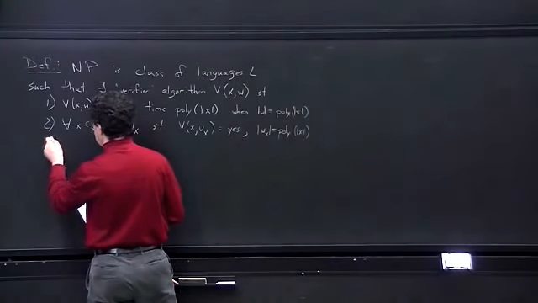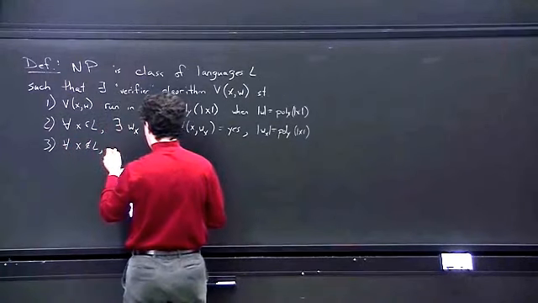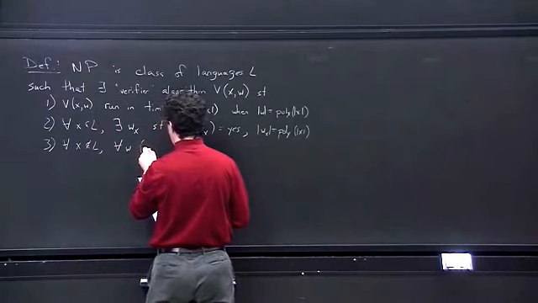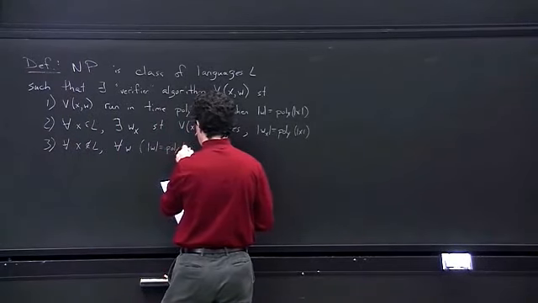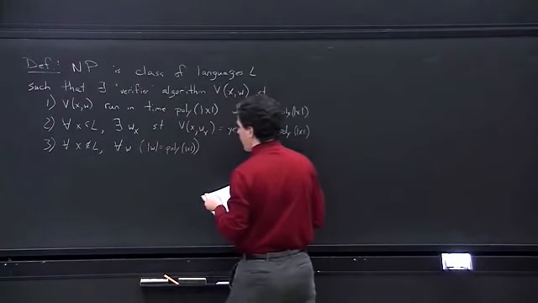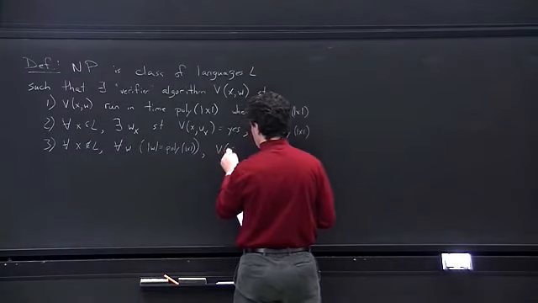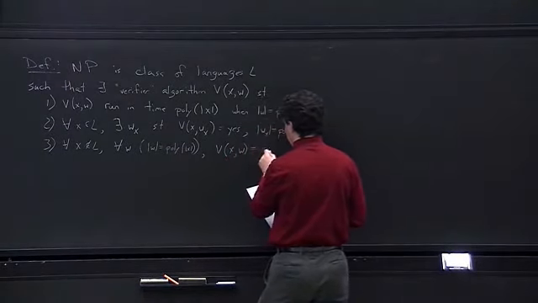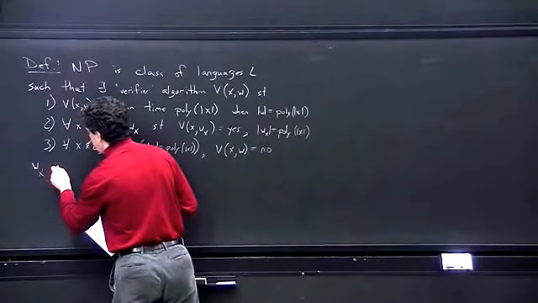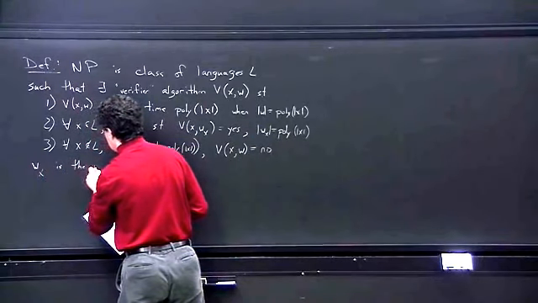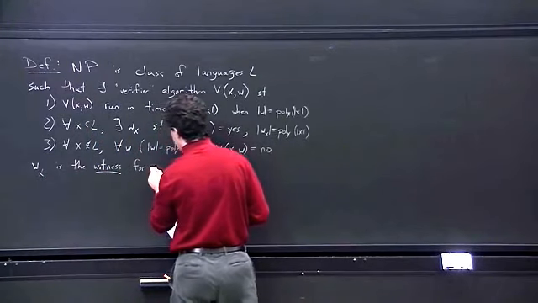And finally, if x is not in the language, then for all w of polynomial size, V of x, w will output no. This w_x is known as the witness for the yes instance x.